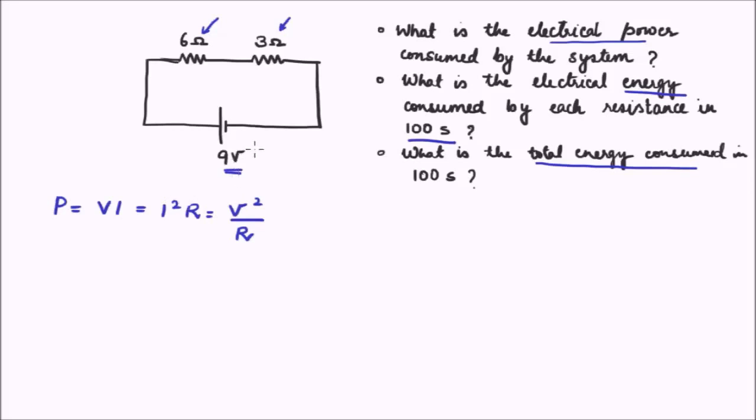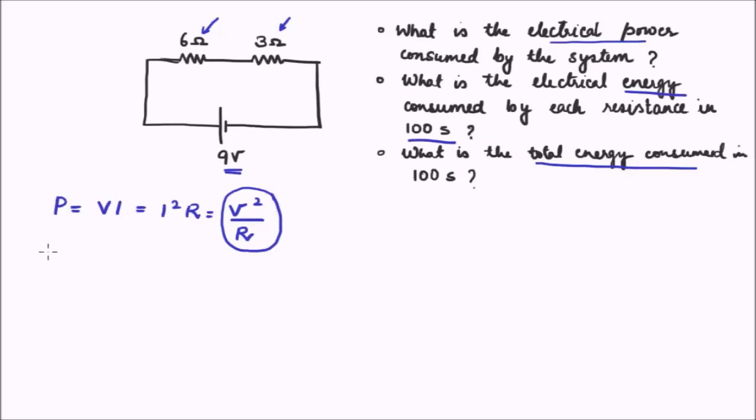We have our voltage and we have the individual resistances. So if we find out the combined resistance of the system, then we can use the formula V square upon R to find the effective power consumed by the system, isn't it?